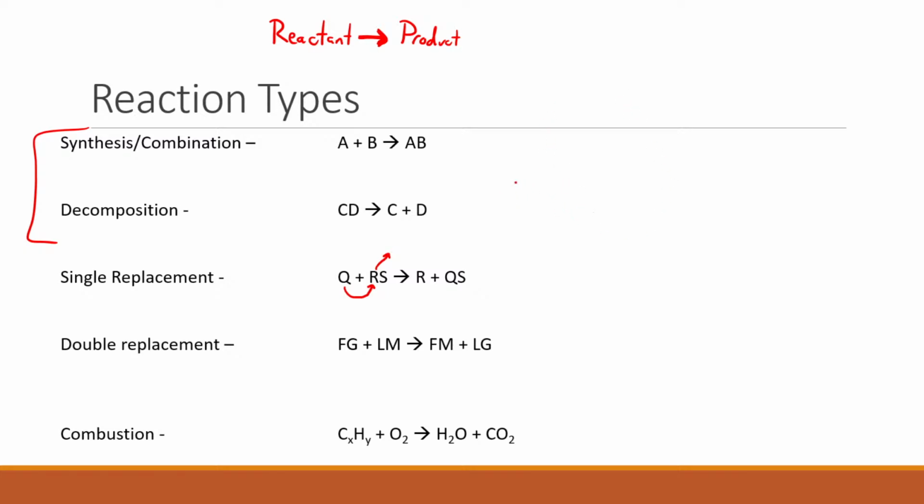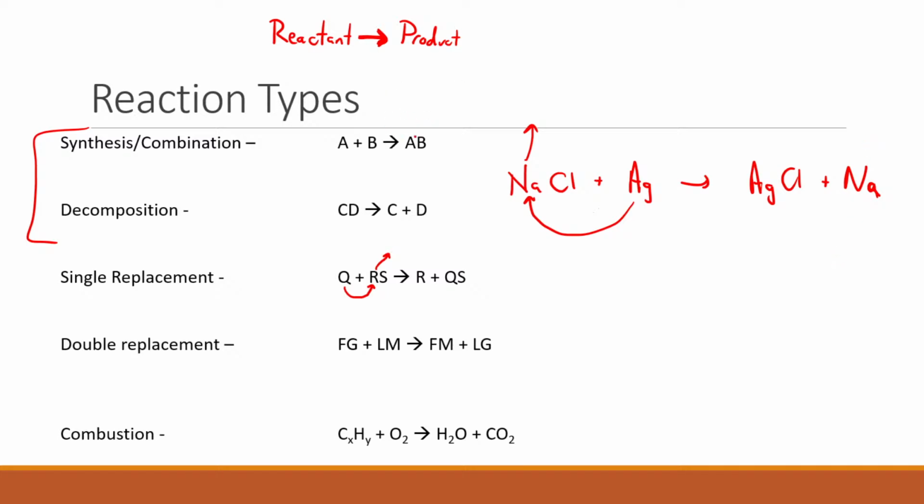We're going to see this a lot with ionic. Here, silver comes in and replaces sodium. Silver takes the spot in the compound, sodium stays outside by itself.